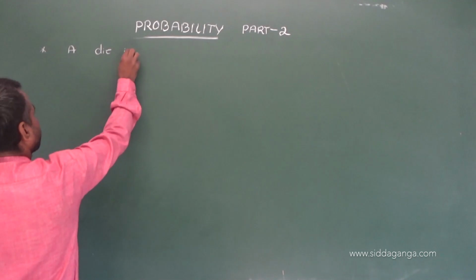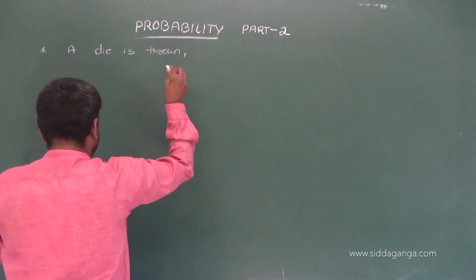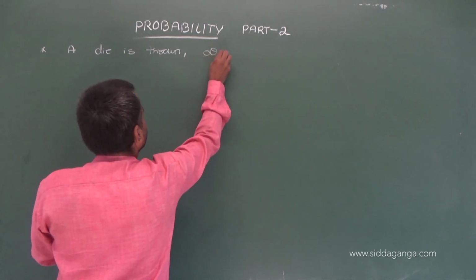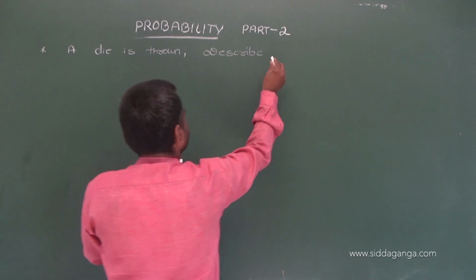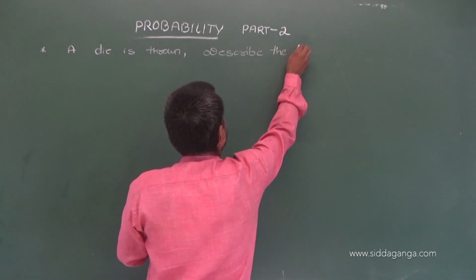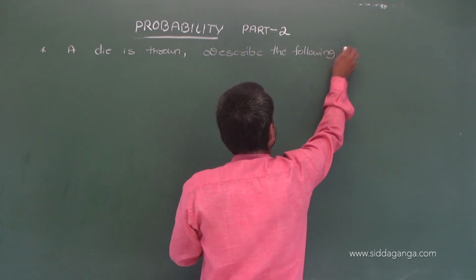A die is thrown. Describe the following events.